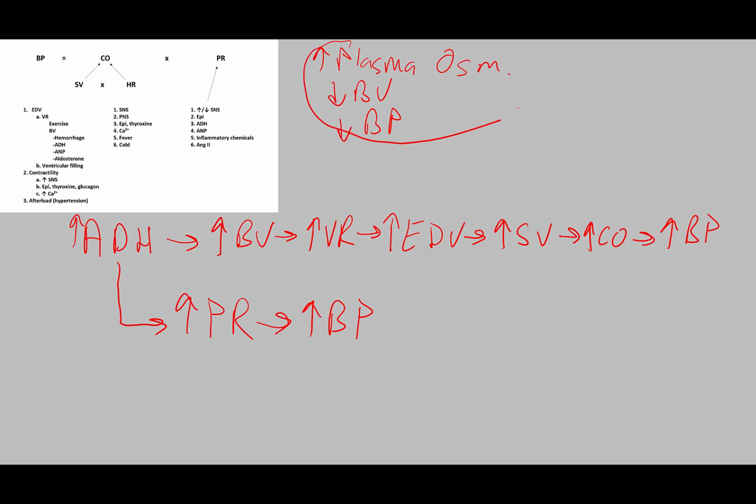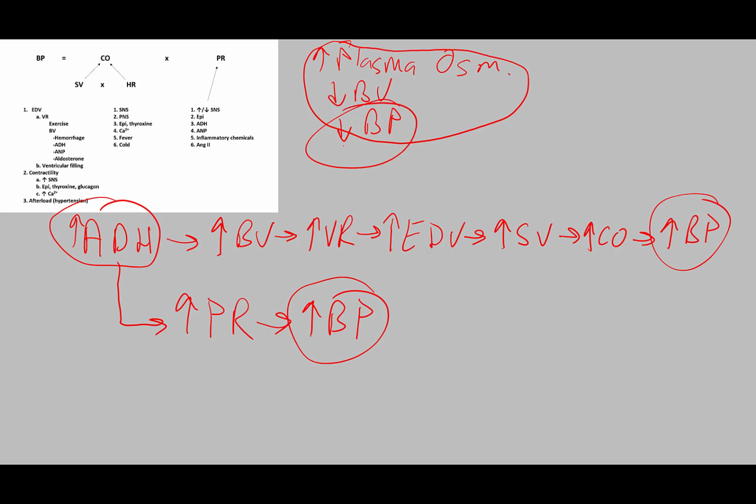All of these things indicate dehydration and a drop in blood pressure. So if there's a drop in blood pressure, ADH is released in order to bring blood pressure back up. This is not just trying to change blood pressure. This is trying to maintain and regulate blood pressure. When there is a drop in blood pressure, we want blood pressure to come back up.